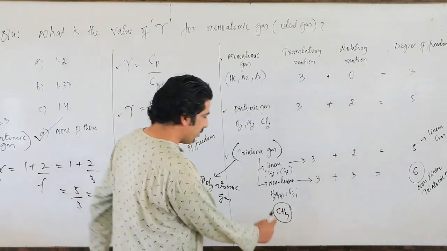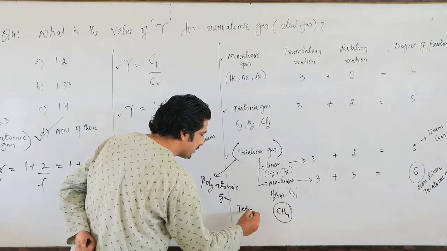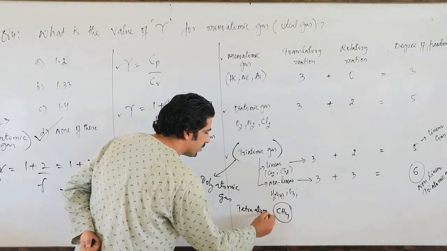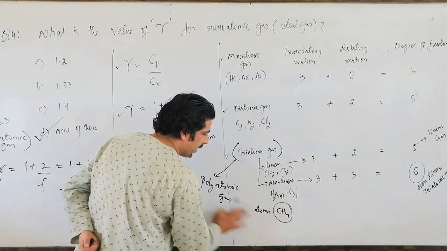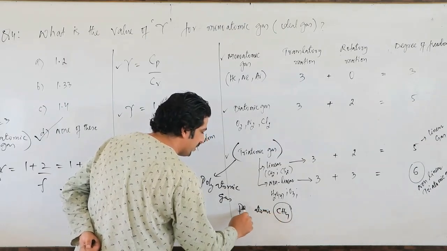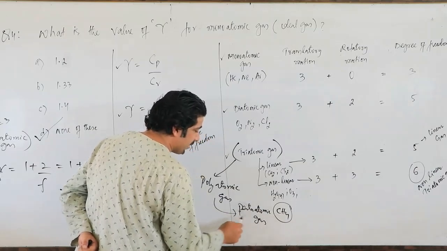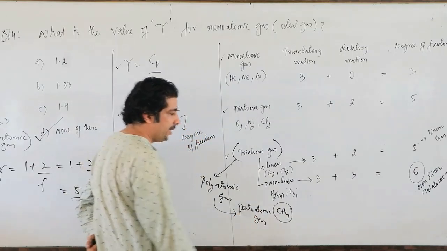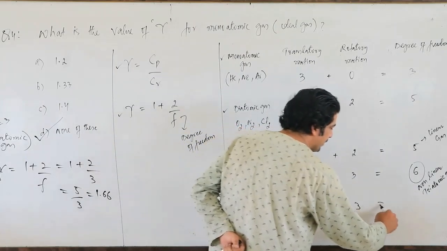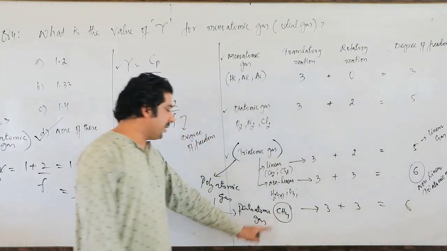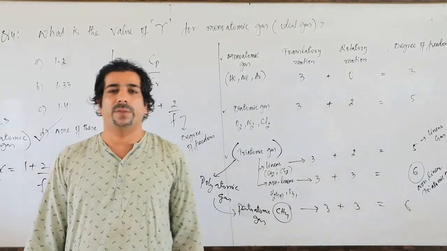And obviously this is basically the tetraatomic gas. And this rather is a pentaatomic gas, because 4 plus 1 is 5. This pentaatomic gas is also a polyatomic gas. For this it will be 3 plus 3, that is 6. So for these gases also, my dear friends, degree of freedom will be 6. Please remember that particular point.